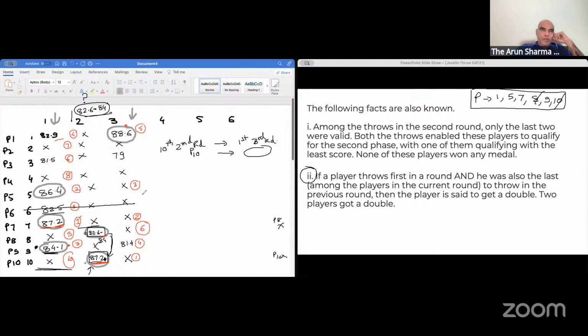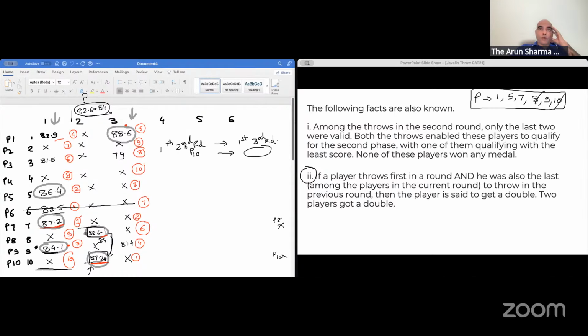The seventh thrower will be P7. The eighth thrower will be P3. And the ninth and 10th throwers in the third round would be P2 and P4. P2 and P4 have got no throws through, so they're just making up the numbers here.